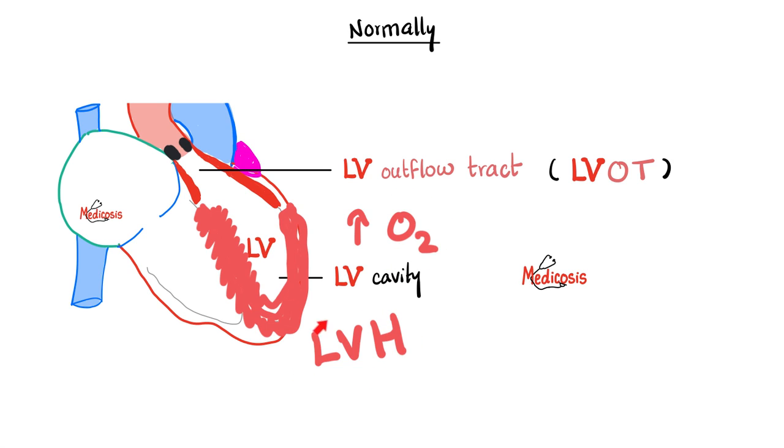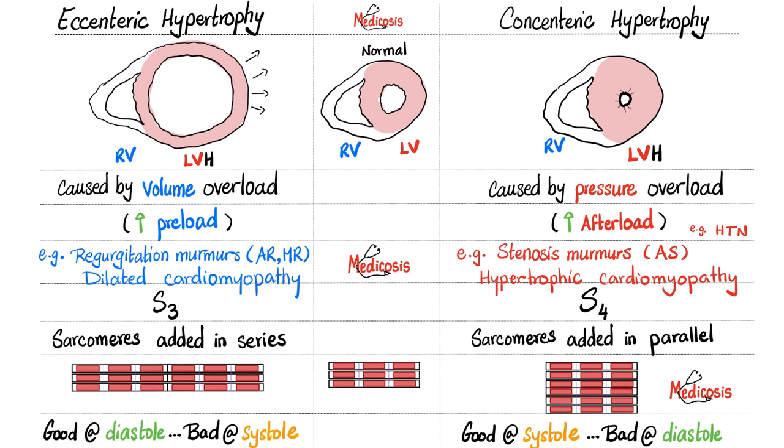What is the type of this ventricular hypertrophy? Is it eccentric hypertrophy or concentric hypertrophy? The answer is it is concentric hypertrophy. But what's the difference? Here is your normal heart. This is a cross section. Left ventricle is here, which is way bigger than the right ventricle. This is the left, this is the right. And all of this is normal. Eccentric hypertrophy is when the cavity gets wider, but not the wall.